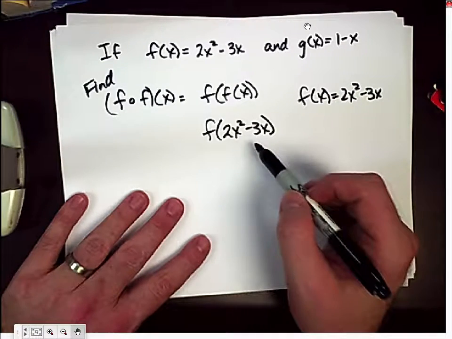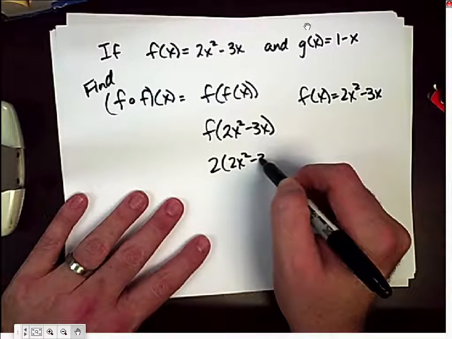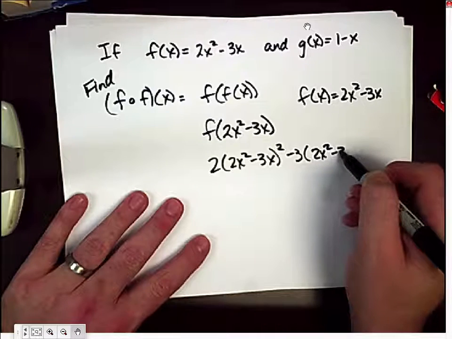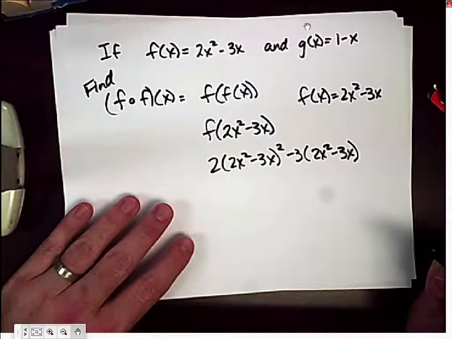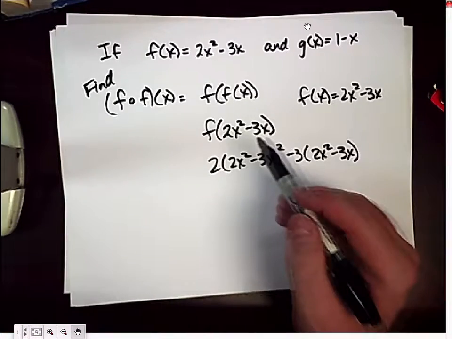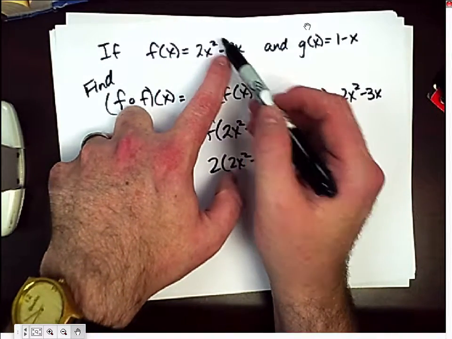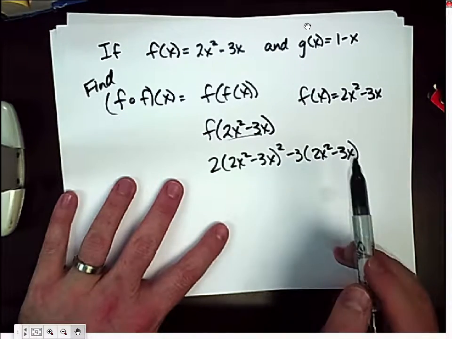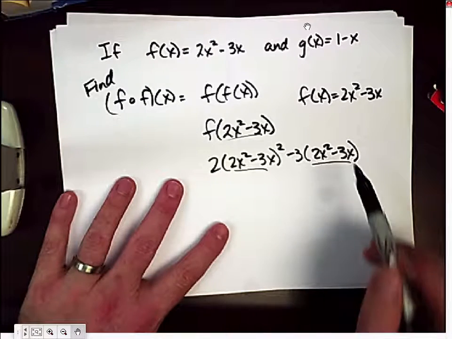So f of this junk is 2 times this junk squared minus 3 times this junk. Right? Everybody see where that came from?